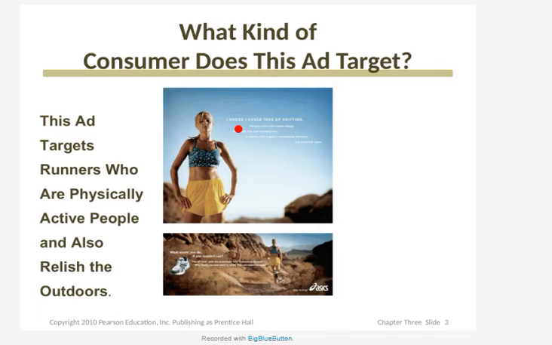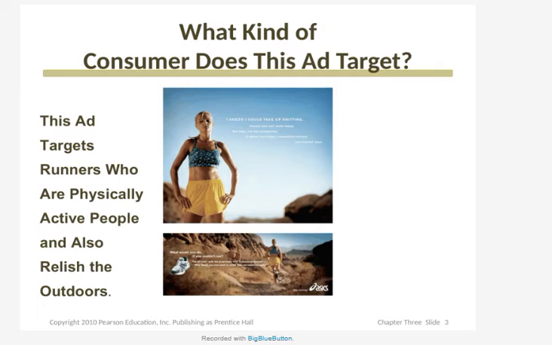I see Maqsid is writing that this is for highly active, physically active people, people who want to go outdoors and maybe do some hiking and training, those with a sporty lifestyle. So maybe this ad is targeting these people.